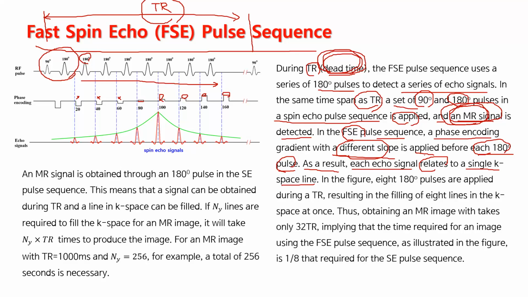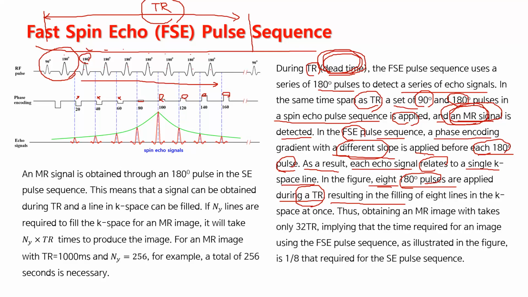In the figure, 180 degree pulses are applied during a TR. So during TR, we applied 1, 2, 3, 4, 5, 6, 7, 8. Okay. So 180 degree pulses applied during TR. Is that right? 1, 2, 3, 4, 5, 6, 7. The 7, right? Including this, okay.